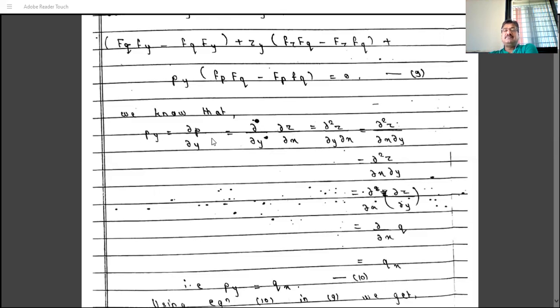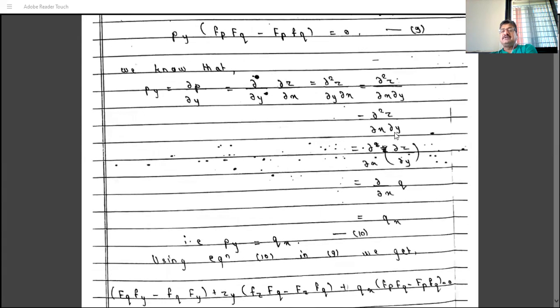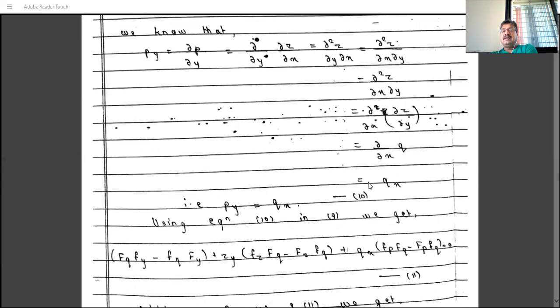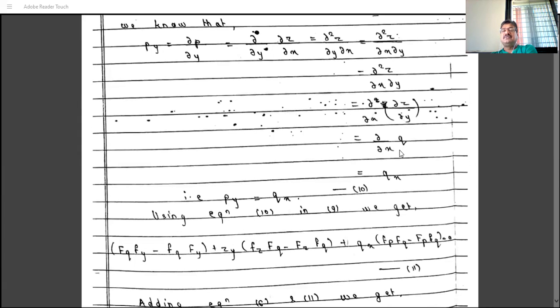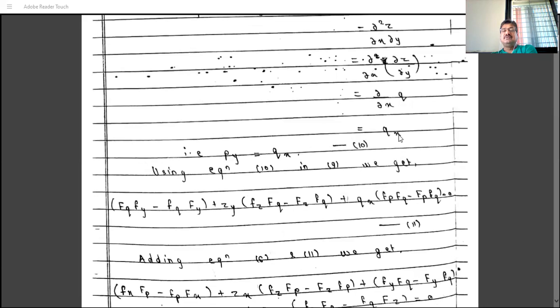Now this py becomes ∂²z/∂x∂y. Taking ∂/∂x as common, ∂/∂x of ∂z/∂y, and ∂z/∂y is q. So this is qx. So p suffix y is qx.